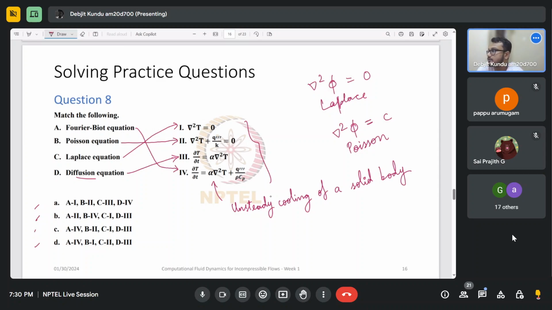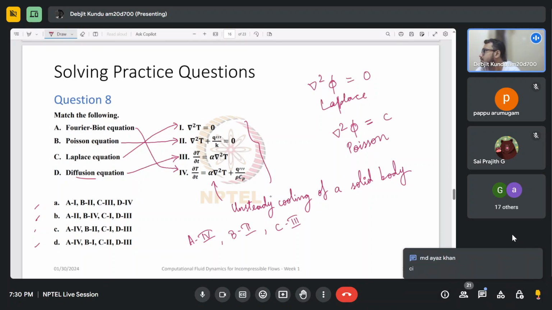Right? So this combination is A4, B2, C1, sorry, B2, C1, and D3.